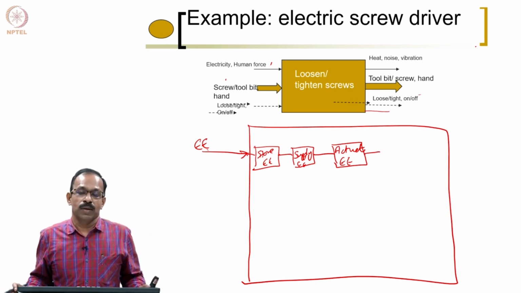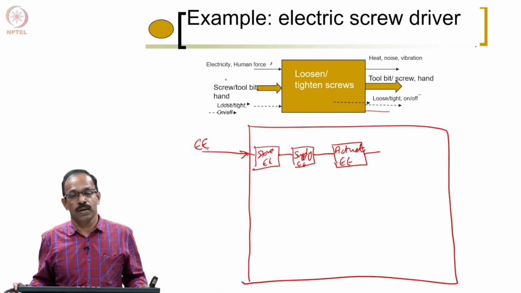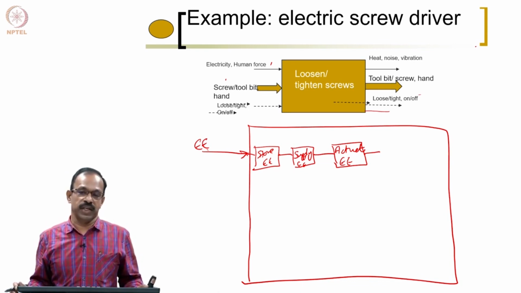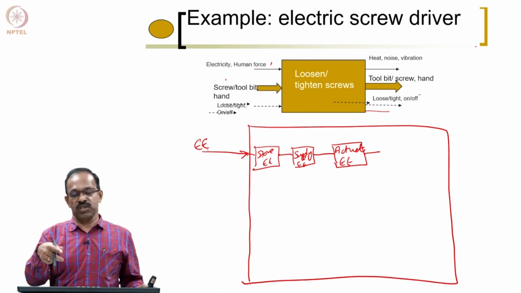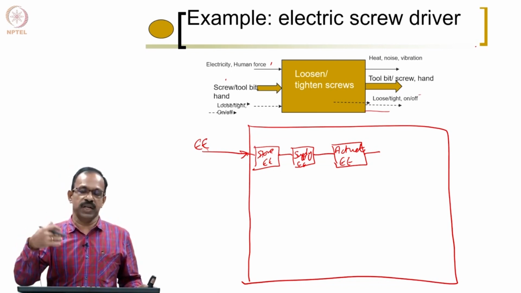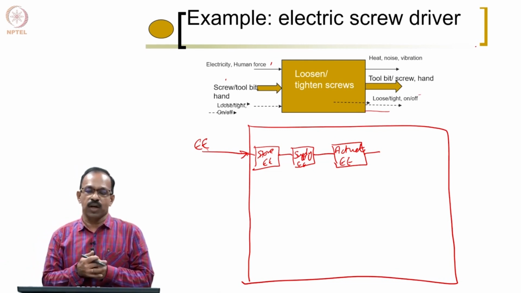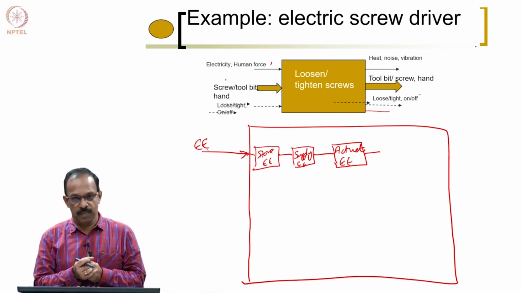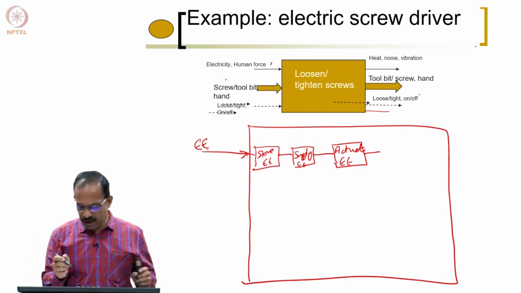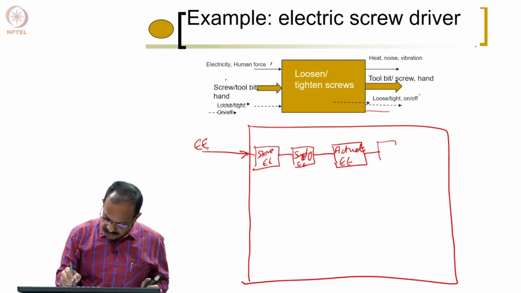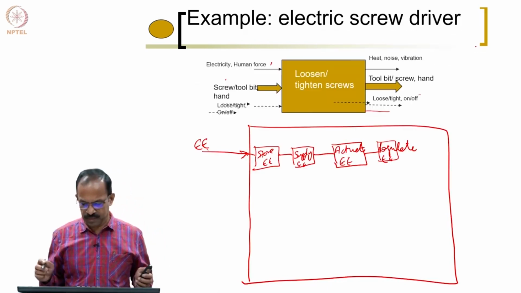But then I need to control the energy or the motion of the tool bit, because if I have to go in the forward or reverse direction, or increase or decrease the speed, I need some kind of control over the power. So, I can regulate electricity.